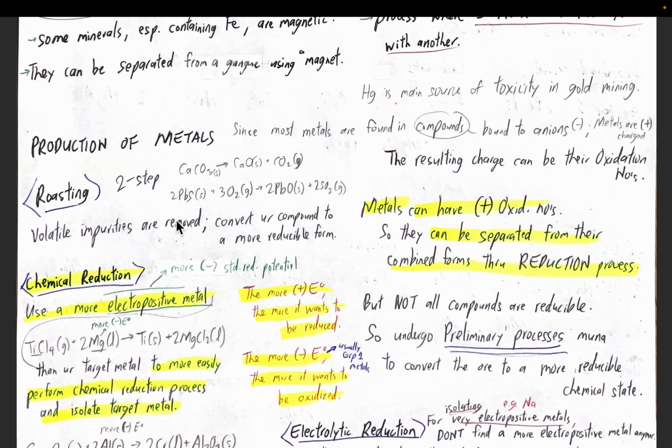So, in a way, roasting plays an important role in making this possible because the goal is we want the compound to be in a state of appropriate reducibility. So, in a way, you can say roasting is a preliminary process.